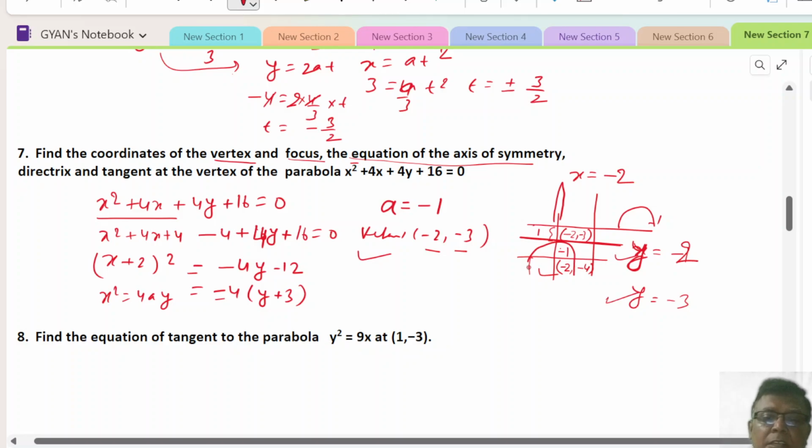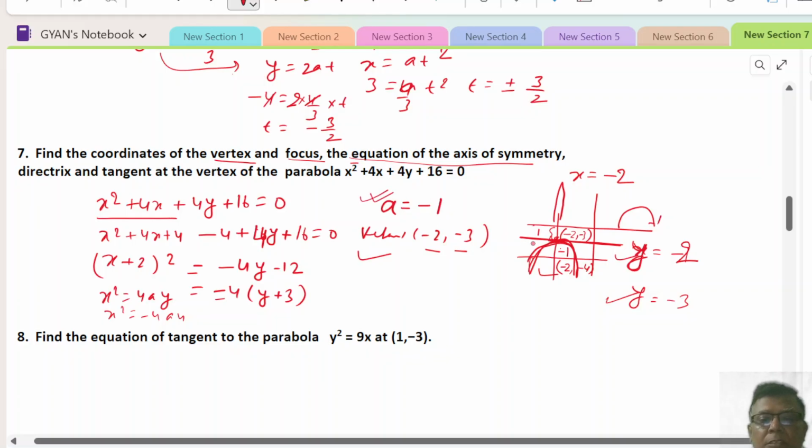So first you find the nature of the parabola. How do you find the nature of the parabola? Either x square is equal to 4ay or x square is equal to minus 4ay. Say x square type, then this or this minus. So that is the nature. Find the vertex. Then find a. A is what?